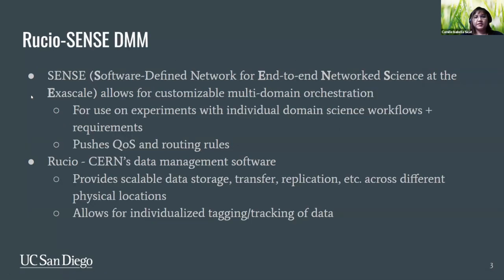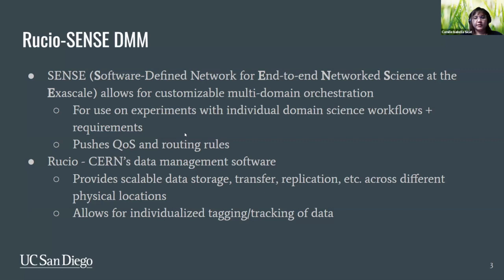So the Rucio-SENSE Data Movement Manager, DMM for short, is an interface between two different pieces of software, SENSE and Rucio. SENSE allows for customizable multi-domain orchestration for use on experiments with individual domain science workflows and requirements like those we have at CERN. It pushes quality of service and routing rules for data transfers.